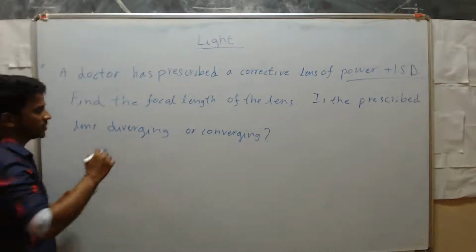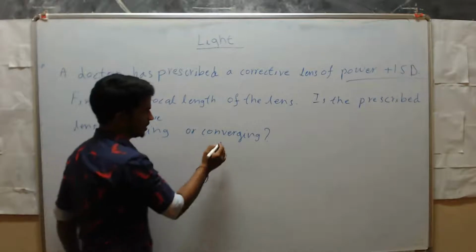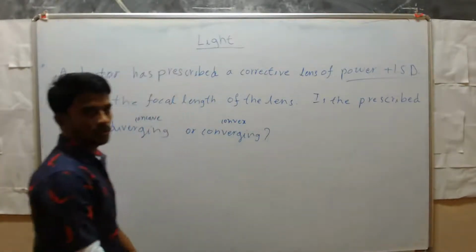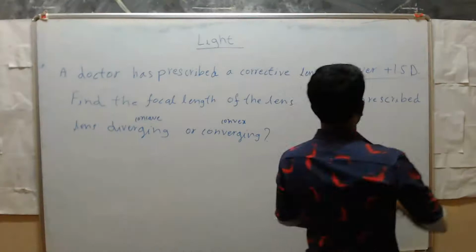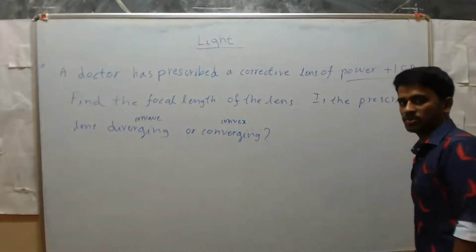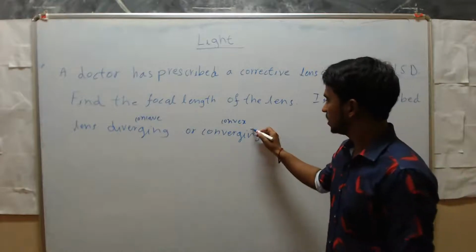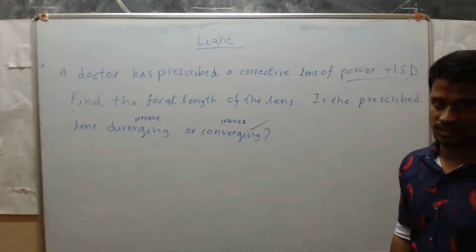Diverging means concave, and converging lens means convex. Now the power is positive, so the power of the lens is plus 1.5. So clearly we can say that the prescribed lens is converging, or convex lens.